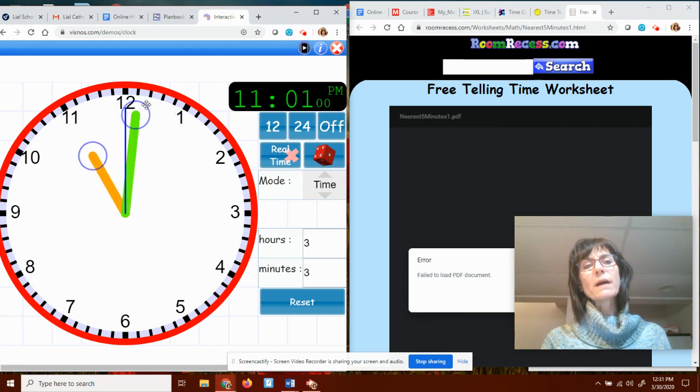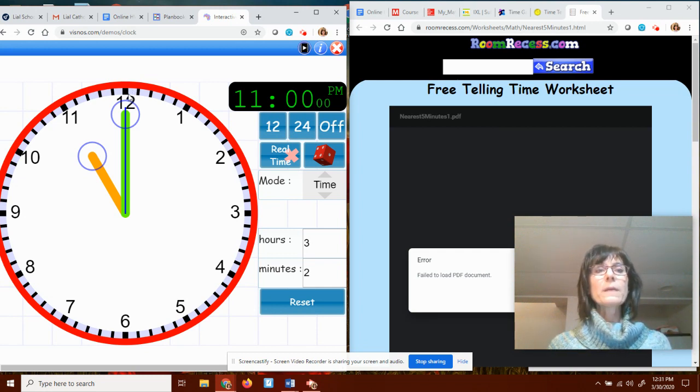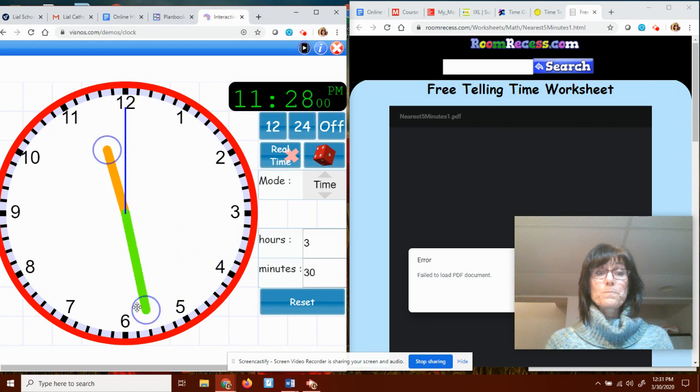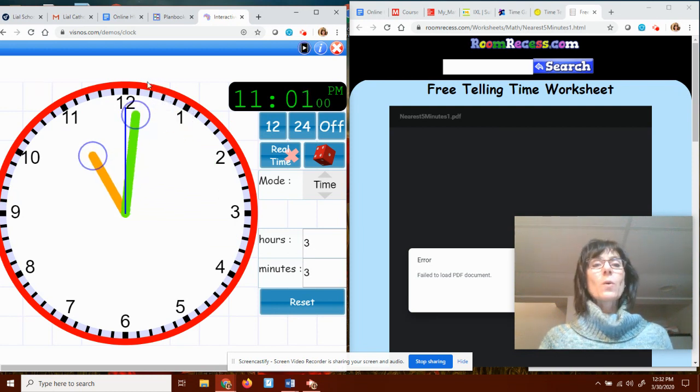Each one of these little black lines is a minute. So I'm not very good at holding my breath, but if I held my breath for 1 minute, it would be 60 seconds. And so it would be 11:01.